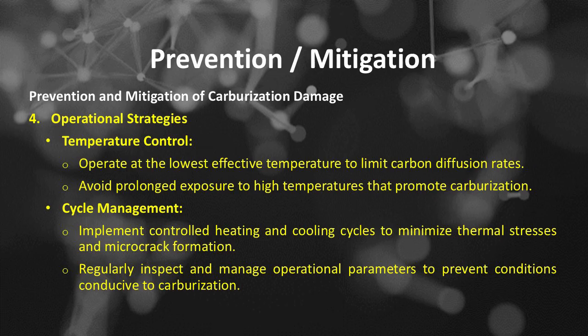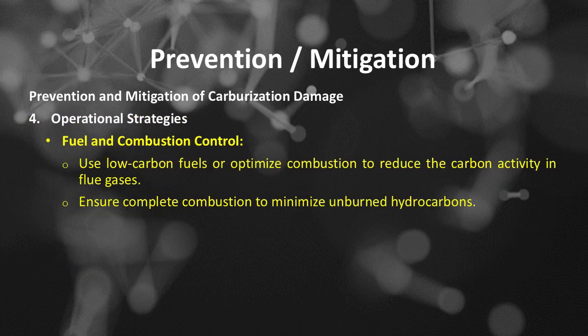Regularly inspect and manage operational parameters to prevent conditions conducive to carburization. The third of operational strategies is fuel and combustion control. Use low-carbon fuels or optimize combustion to reduce the carbon activity in flue gases. Ensure complete combustion to minimize unburned hydrocarbons.